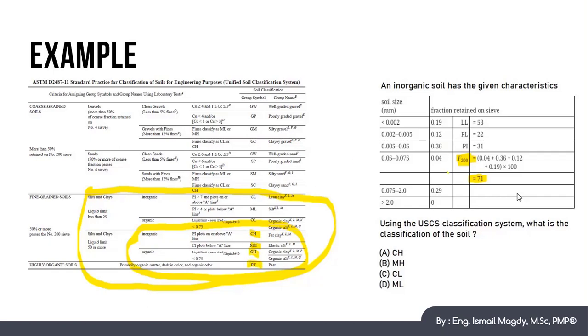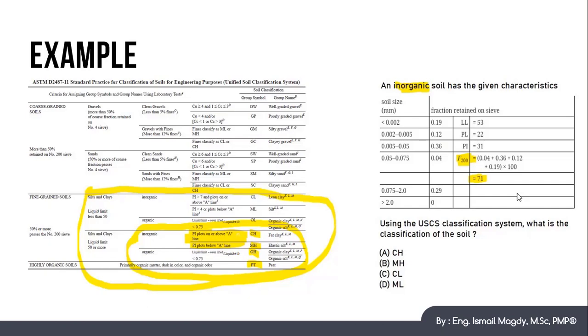Okay, third step, we know here that it says it's an inorganic soil, and this part is organic, and this is the only inorganic. So now we are limiting our options to only CH and MH. We managed to limit our options to only these two soils, CH or MH.